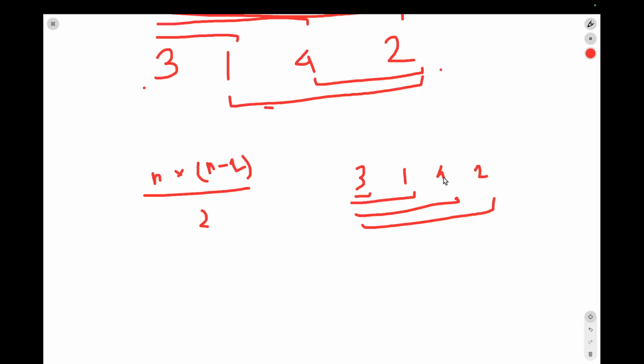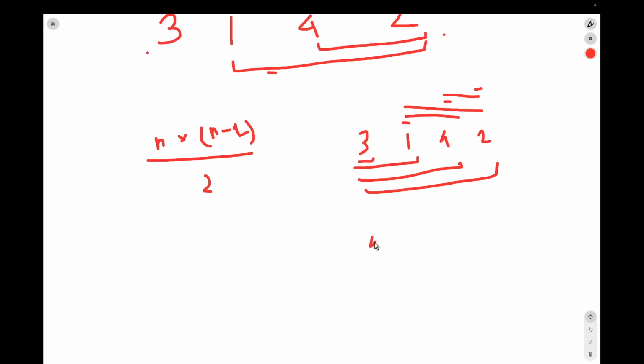So 1, 2, 3, 4, then this is valid, this is valid, and this is valid. 1, 2, 3, then this is valid, this is also valid. 1, 2, and this is also valid. So that is 4 plus 3 plus 2 plus 1. Sorry, n into n plus 1. Okay.